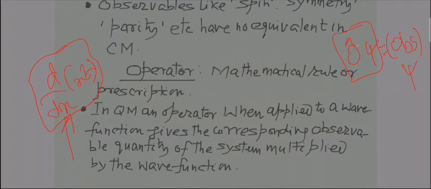Similarly, the O hat operator is being applied on the wave function psi. So in quantum mechanics, an operator when applied to a wave function gives the corresponding observable quantity of the system multiplied by the wave function. Such is the definition of an operator.